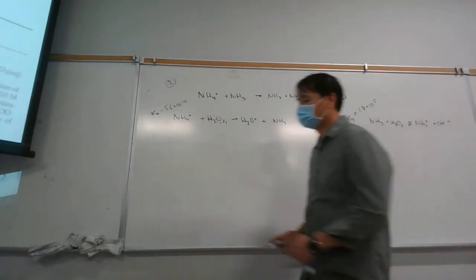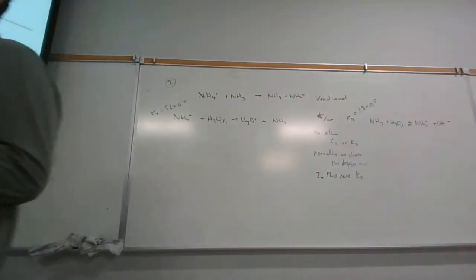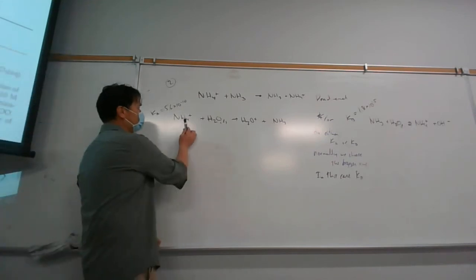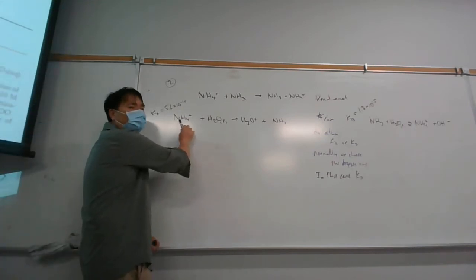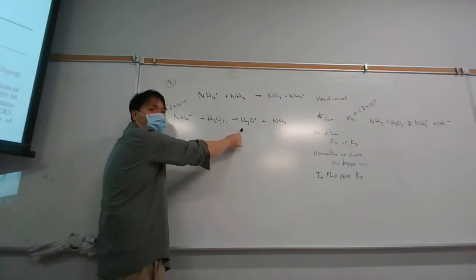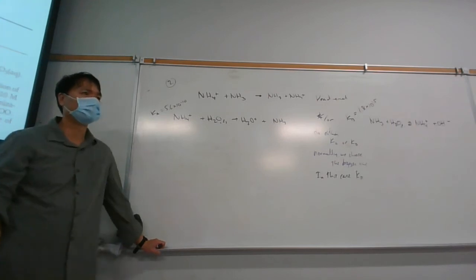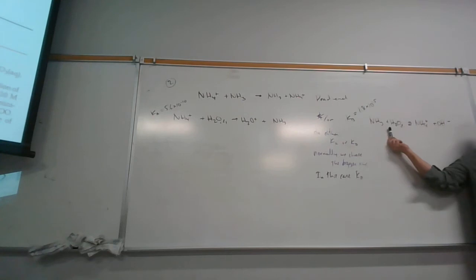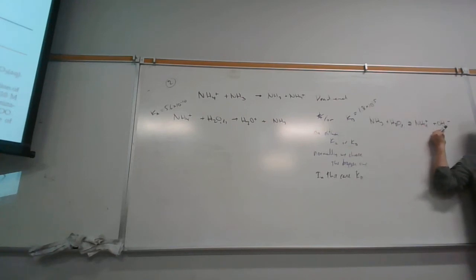But do you notice something about these two equilibria? What are these equilibria describing? This equilibrium is describing the equilibrium between ammonium and ammonia in water in terms of pH, hydronium. What is this one describing? This one is describing the equilibrium between ammonia and ammonium in water in terms of hydroxide, or pOH. And so these are the same equilibrium.